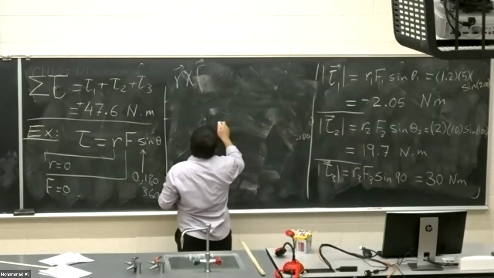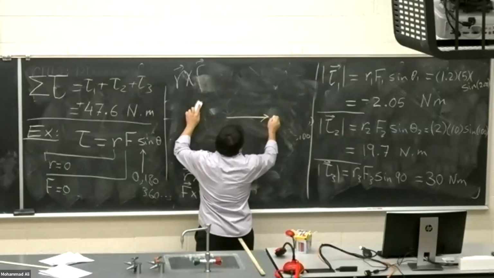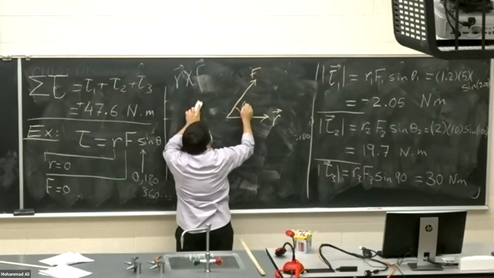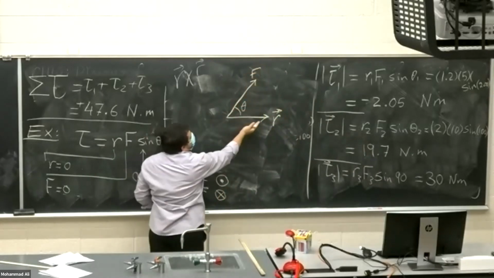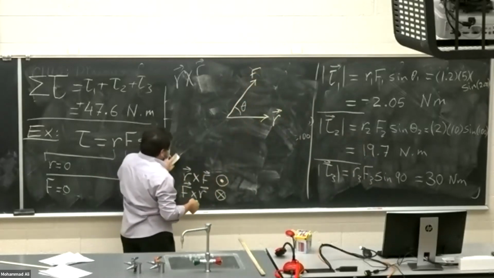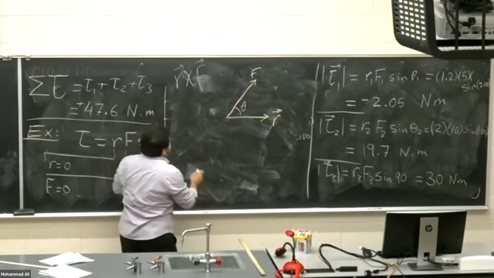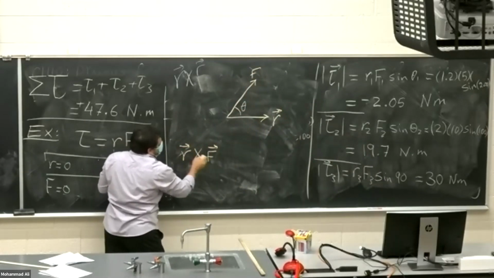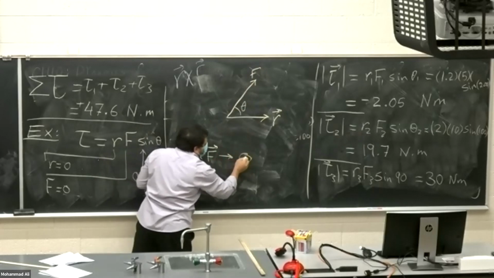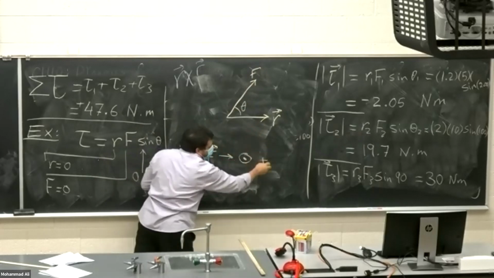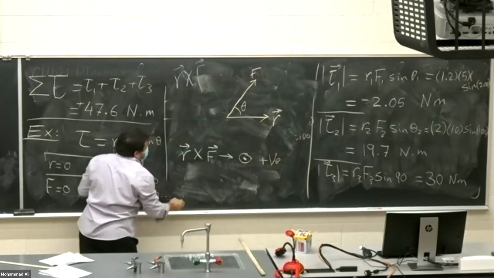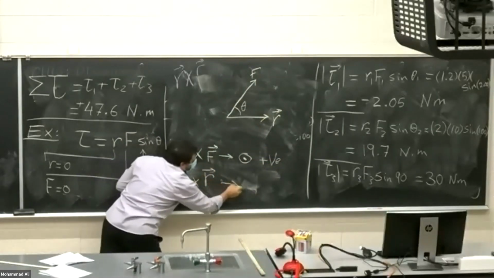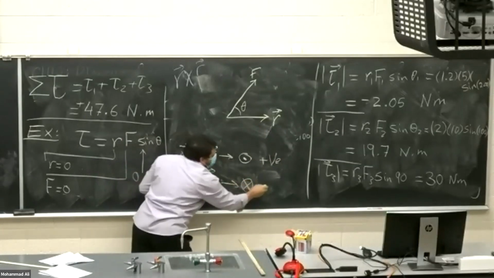This is R, and this is F, and this is theta. R cross F is going out, which is positive, for example. But F cross R, it is going inside the board, which is negative.